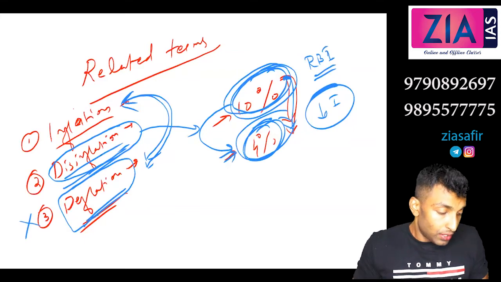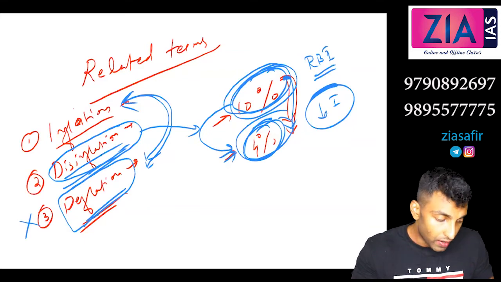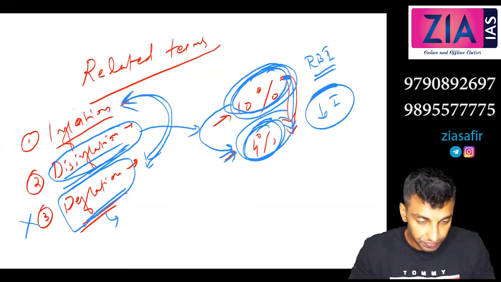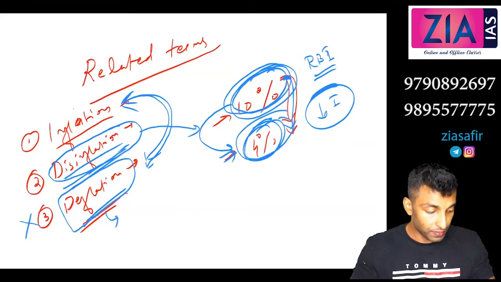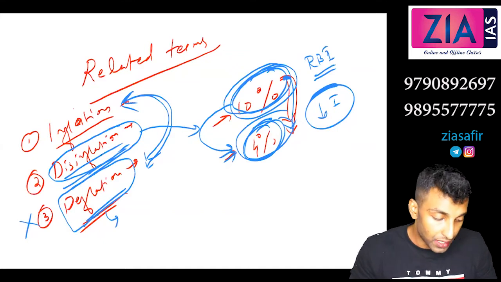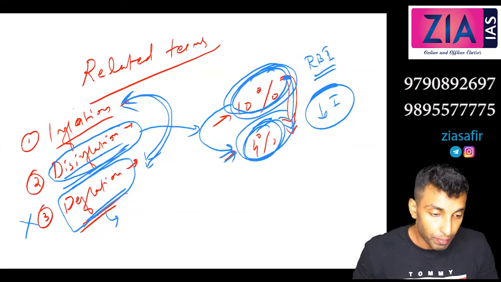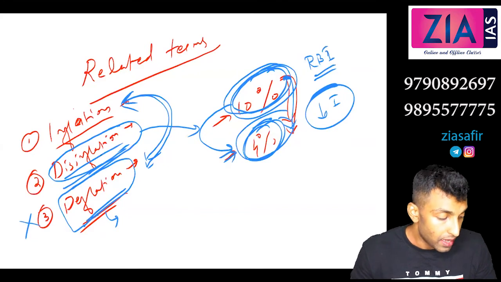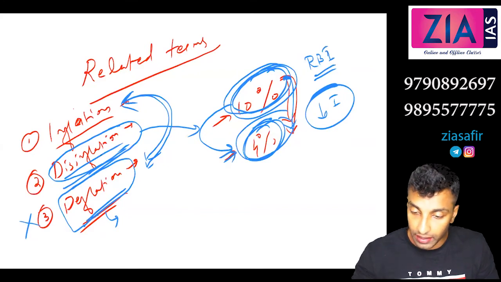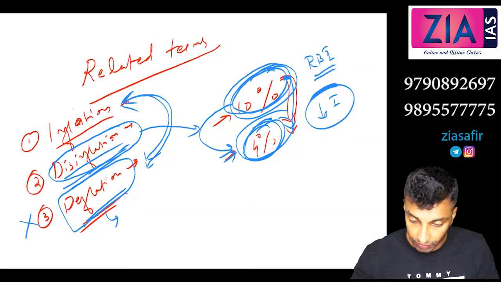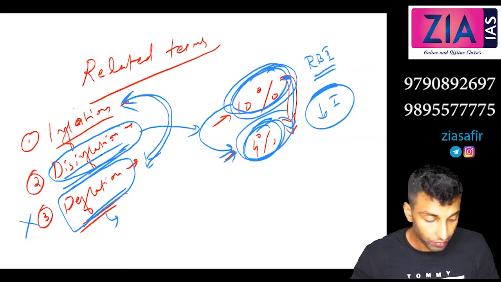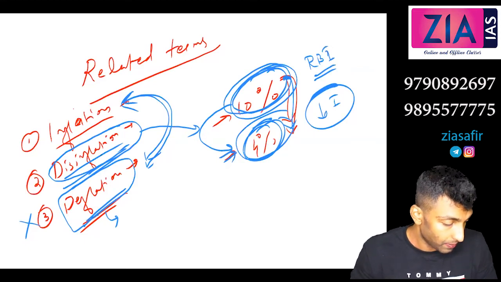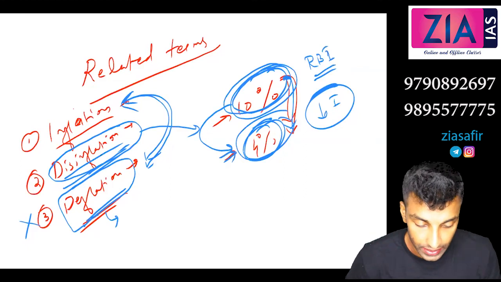So along with deflation, you can write one more line. It is a situation in which price level reduces along with fall in national income, output, employment, etc. It leads to recession.